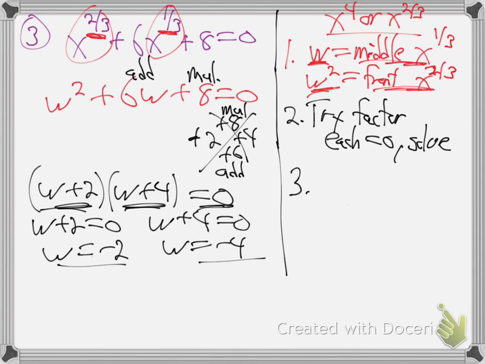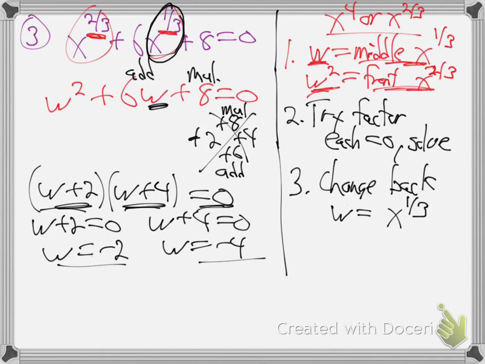And then step 3, change back, W equals x to the 1/3. Remember in the beginning? Right here, x to the 1/3 was replaced by W. So we're done. All this middle work here is the W work, right? Now we got to go back and say, okay, what was W all along?